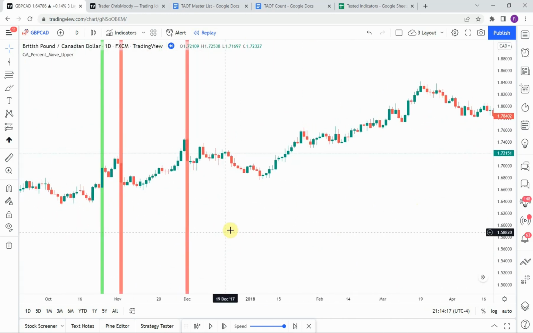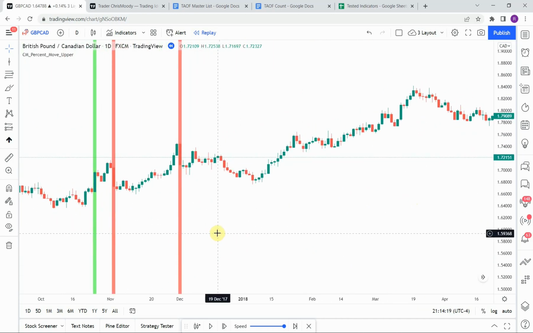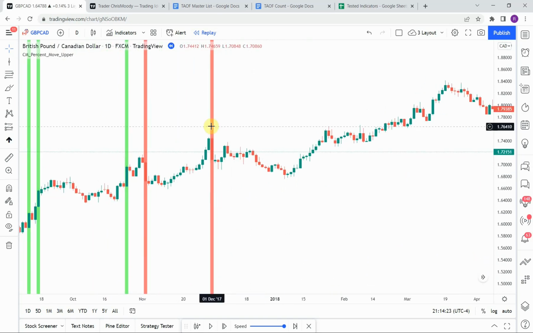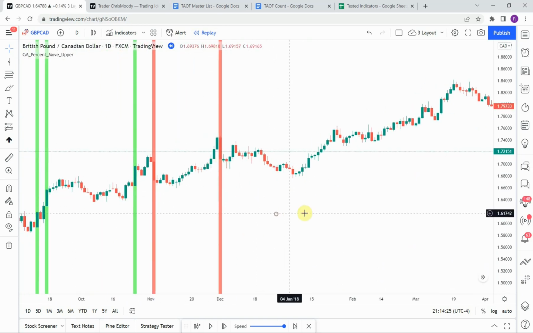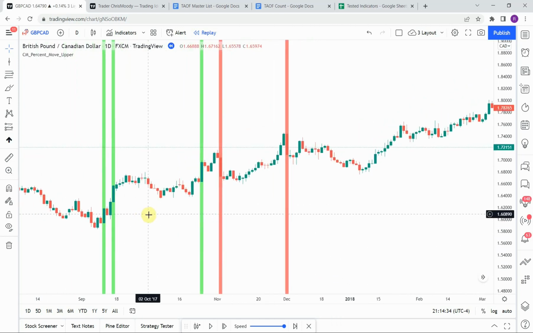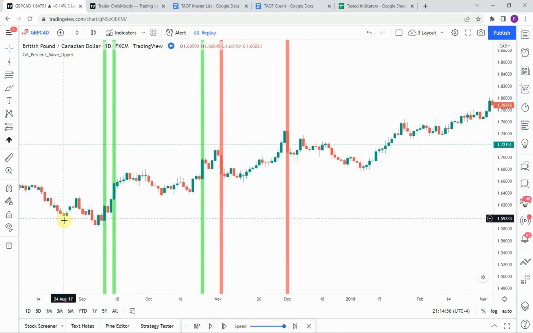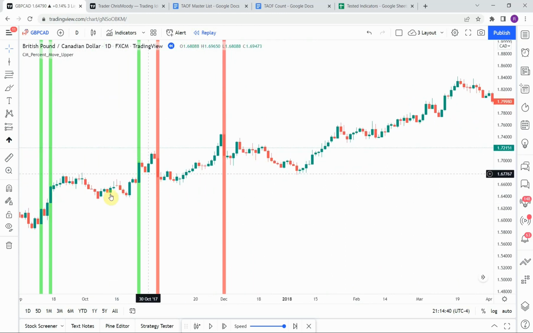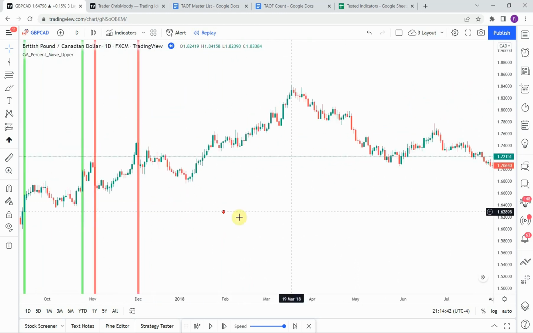Basically, the short version is that it's indicating with these lines, green and red, when there is a large move in the market, a large momentum move. If the candle closes in green, it shows the green band. If it closes in red, it shows the red band.